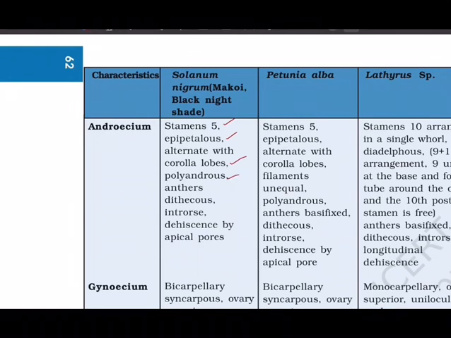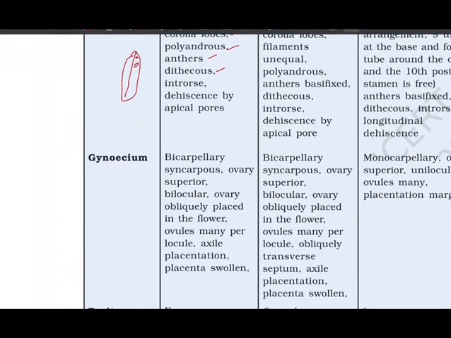Polyandrous, many stamens will be there. Dithecous, the overall anther, if you see, it will be like this. Then we said dithecous. And introrse, dehiscence by apical pores. So there will be small pores through which the pollen grains will be spread.